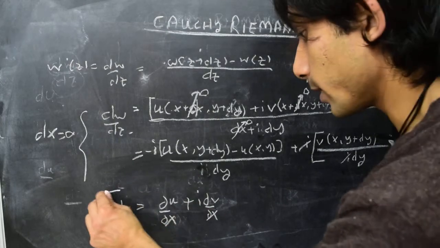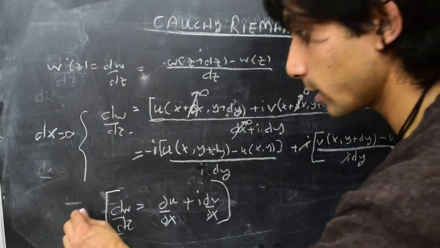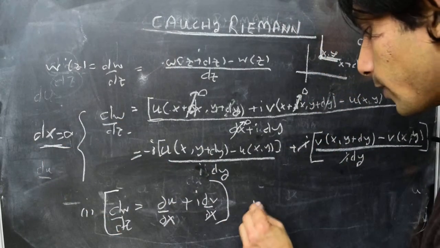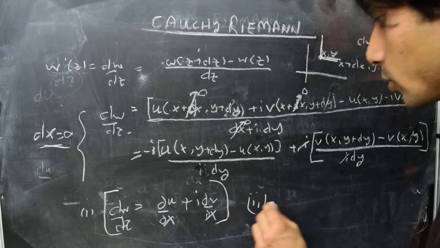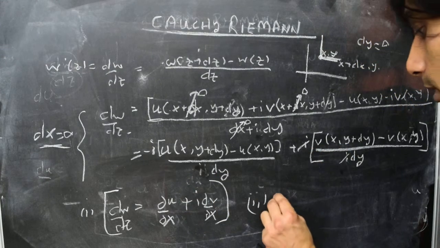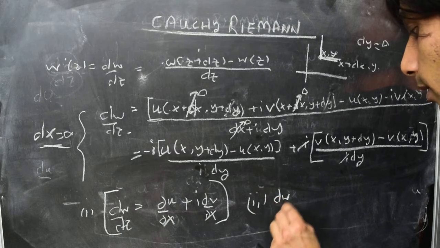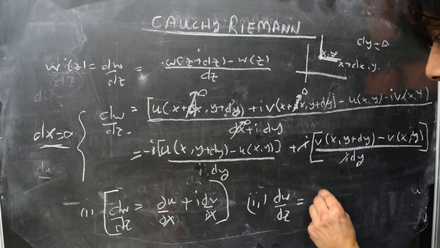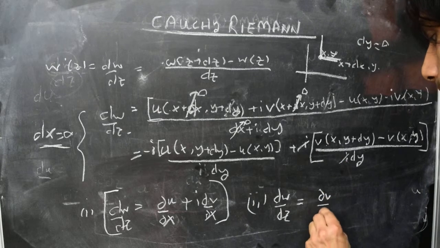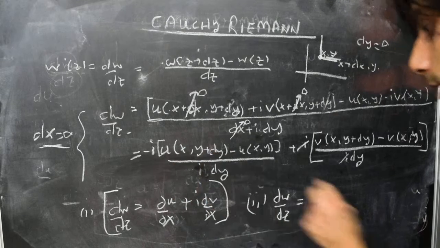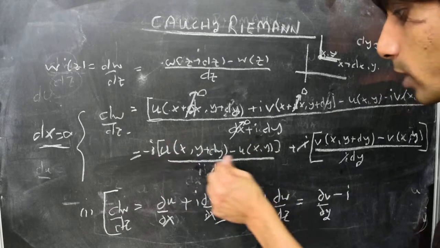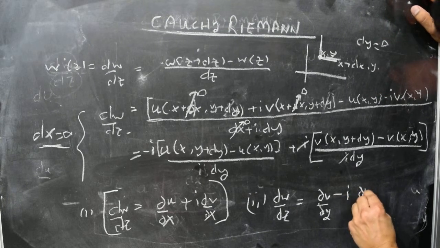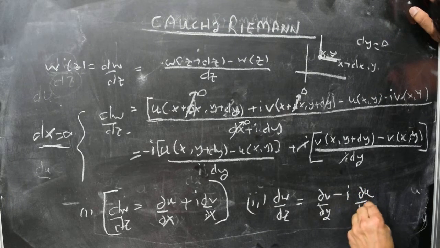Overall, when dx is 0, we find another form of the derivative: dw dz can be written as the partial derivative of v with respect to y, minus i times the partial derivative of u with respect to y, since again x is fixed and y is changing.